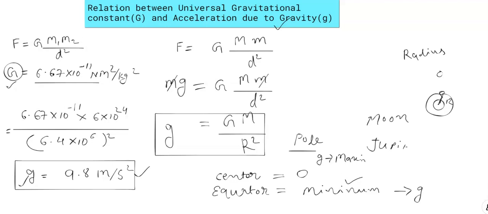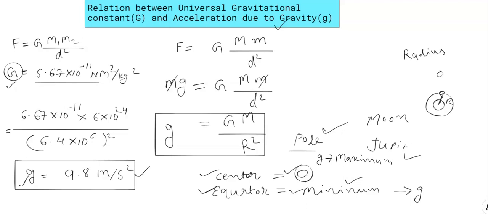So write down, note down this. These are questions that come: where acceleration due to gravity is maximum, where it is minimum, and where it is 0 at the center. So you have to write these down.